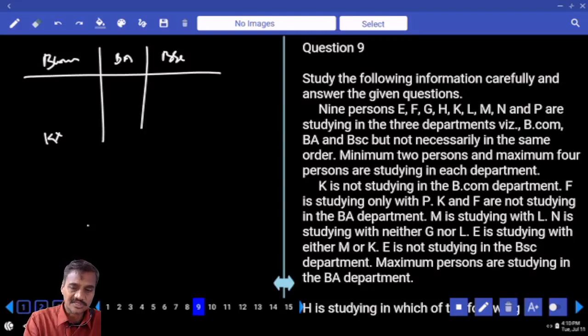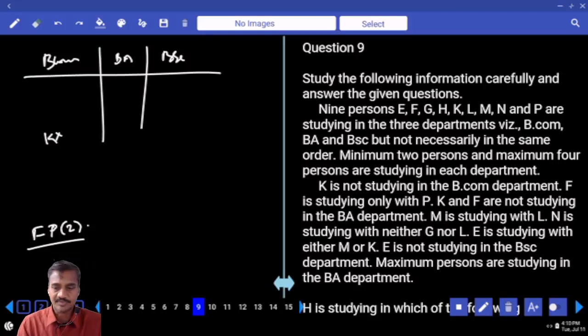Hence in the department in which K and F are studying, F and P are the only persons. K cannot be in BCom and K cannot be in BA, so K must be in BSc. Then K and F are not studying in the BA department.